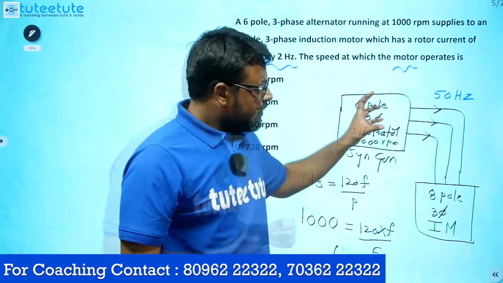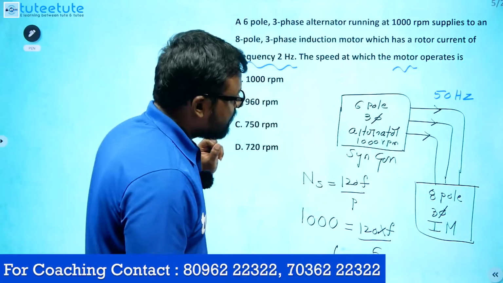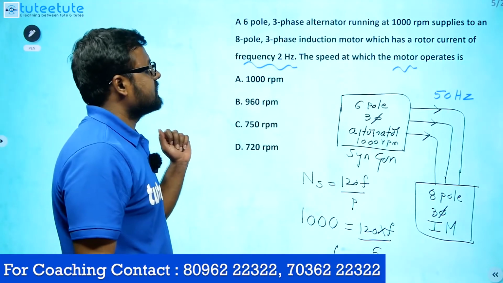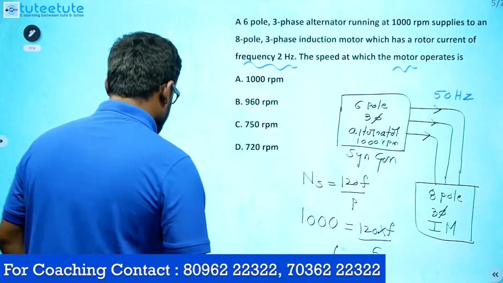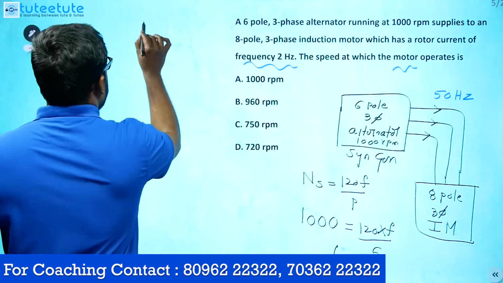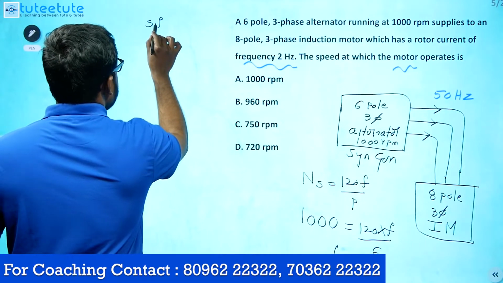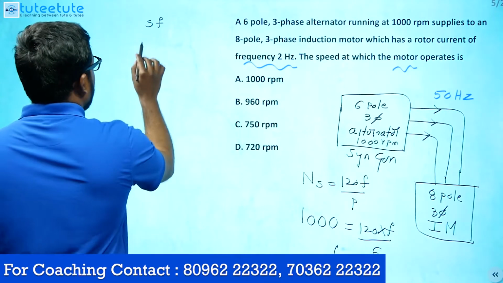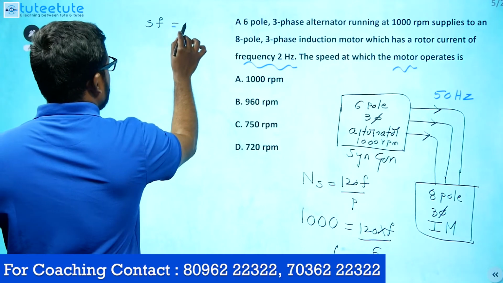Now see here, there is one data given. The rotor currents have a frequency of 2 Hz. We know that the rotor currents or the rotor voltages have a frequency of slip frequency, s into F. So this is equal to 2 Hz.